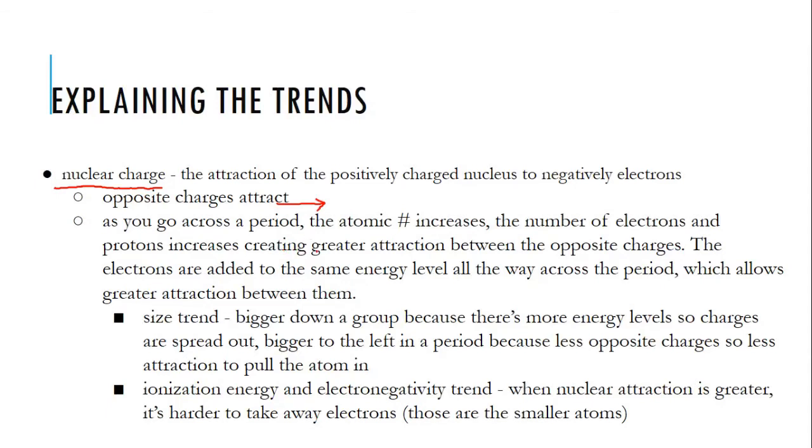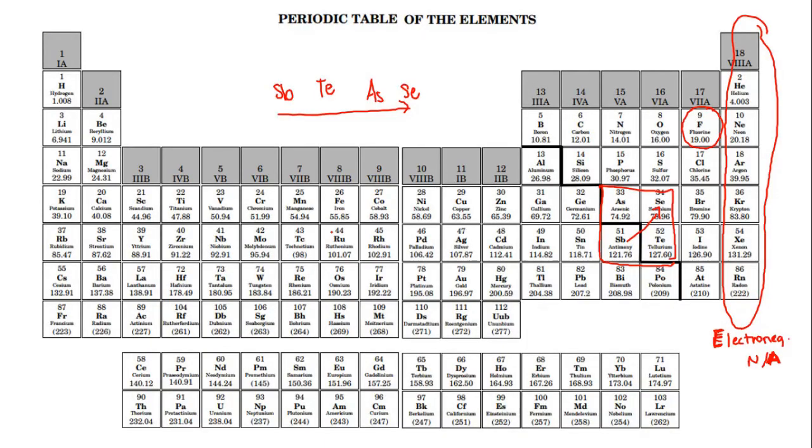And the more you have of each of them, the greater the attraction that you're having. So, in other words, if I go from potassium to iron, potassium has 19 protons and 19 electrons. Iron has 26 protons and 26 electrons. So iron is much more attracted to itself.